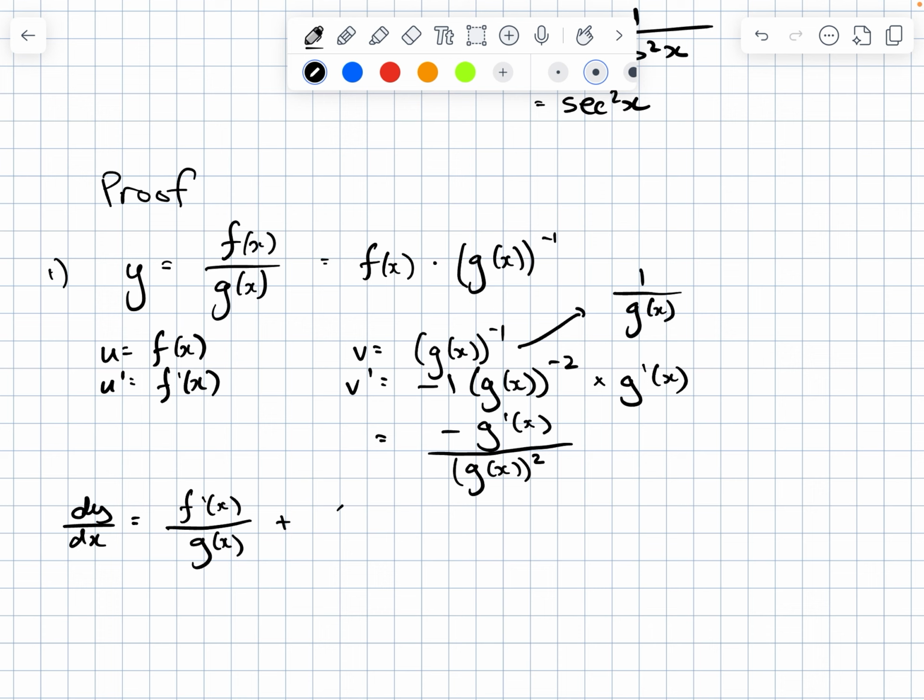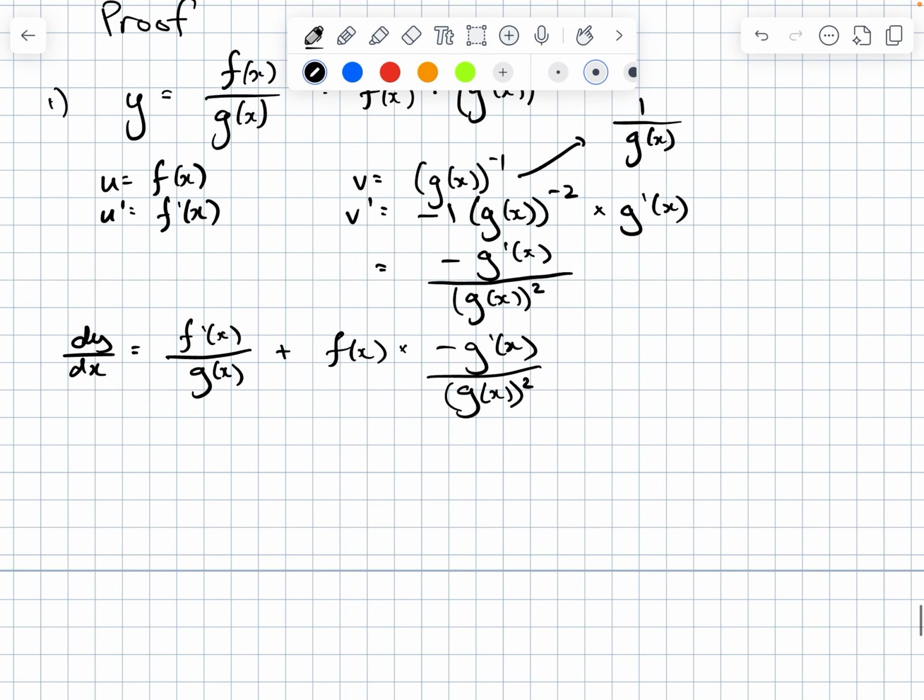So that is f(x) times negative g'(x) over g(x) all to the power 2, which gives us f'(x) over g(x). Now it's a minus f(x) times g'(x) over g(x) all to the power 2.